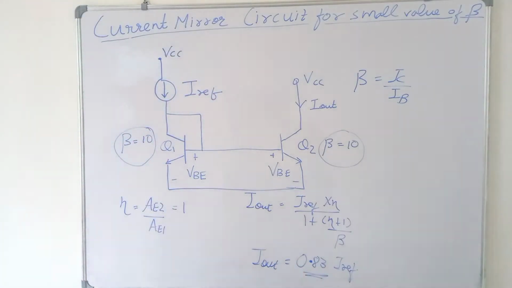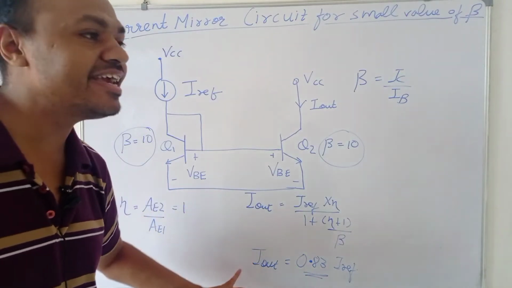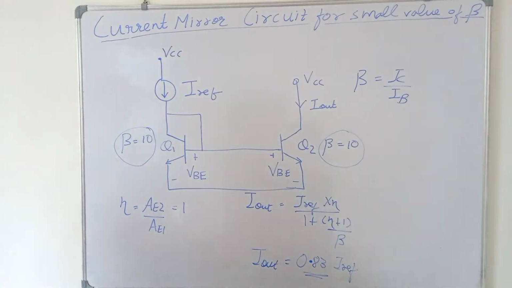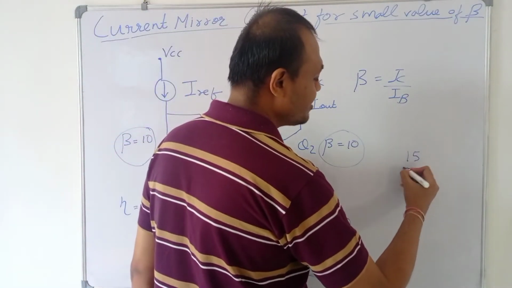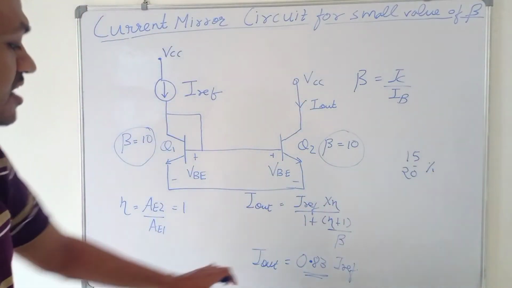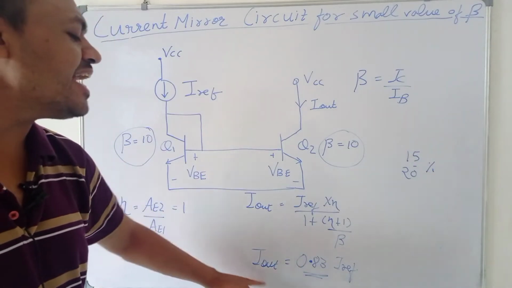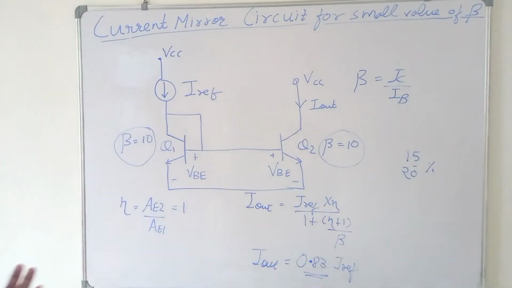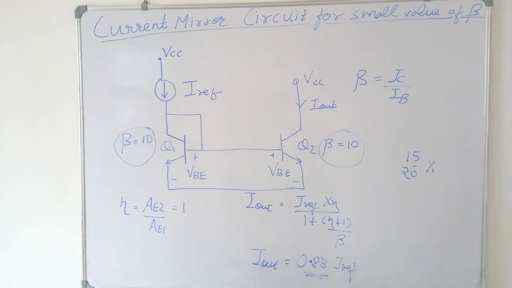That is, the reference current is multiplied by 0.83 and that gives us the value of I out. So if you see, there is about 15 to 20% difference between the value of IREF and I out. But we want I out to be exactly the same as IREF, or the percentage error should be less than 2%.